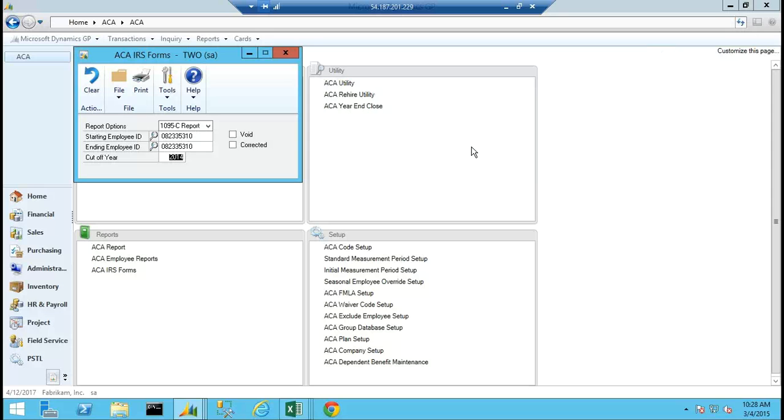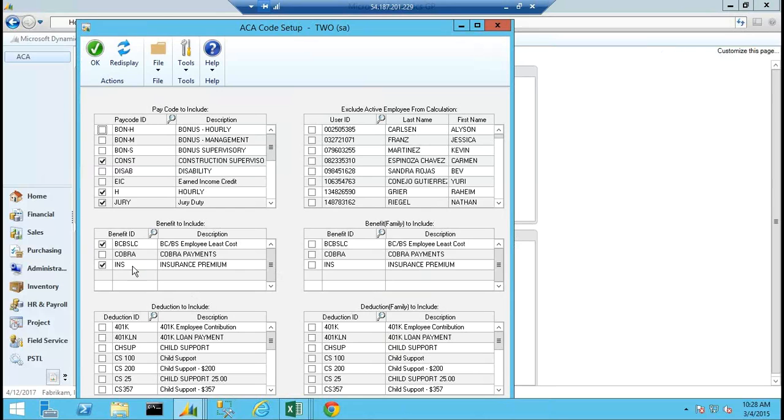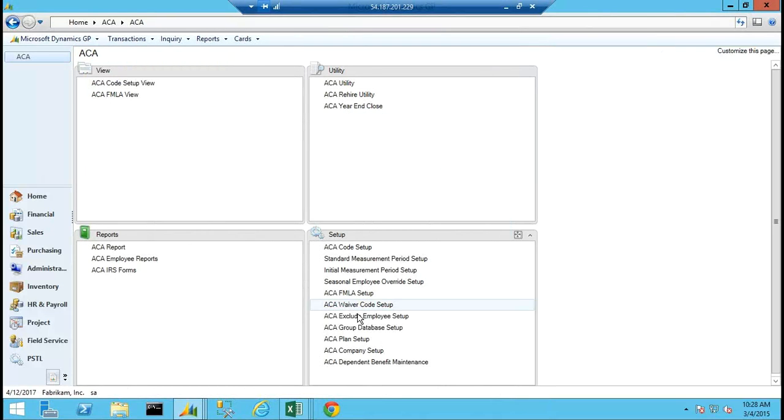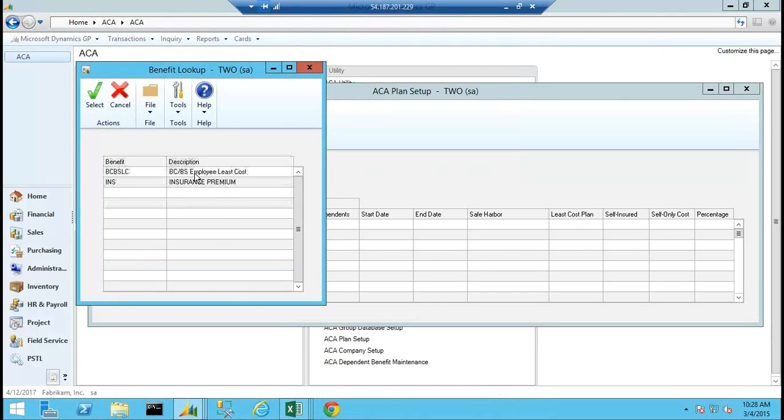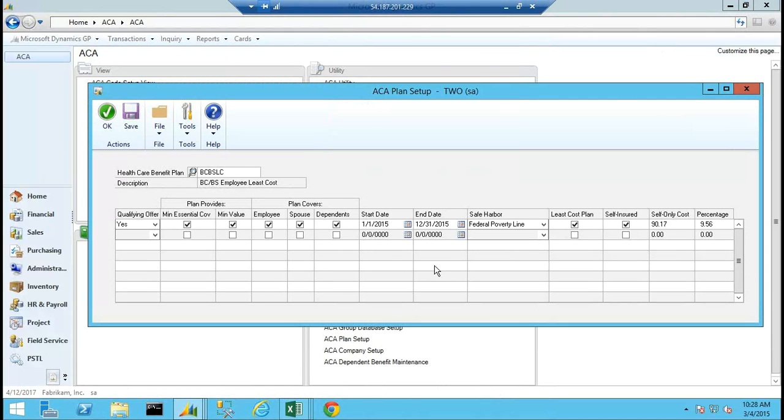We have a very large customer that's a national temp service that is only providing minimum essential coverage. It will not be minimum value this year. But these are done. They're going to get hit with a penalty. They know it because they're providing minimum essential coverage, so they're not going to get what we call the sledgehammer penalty for not providing coverage.